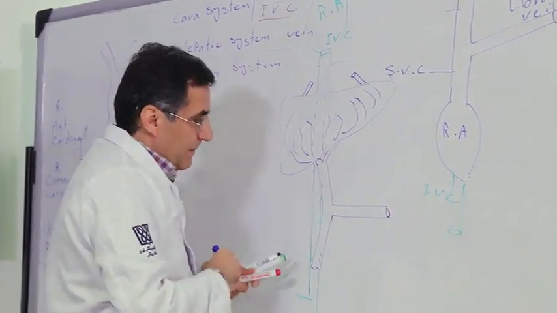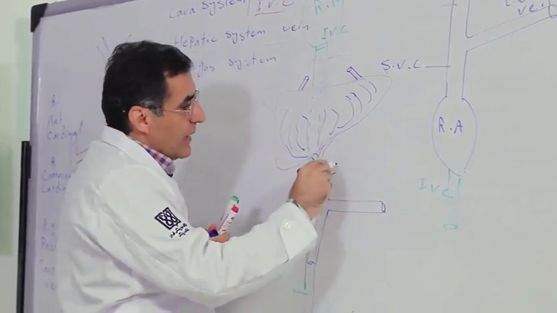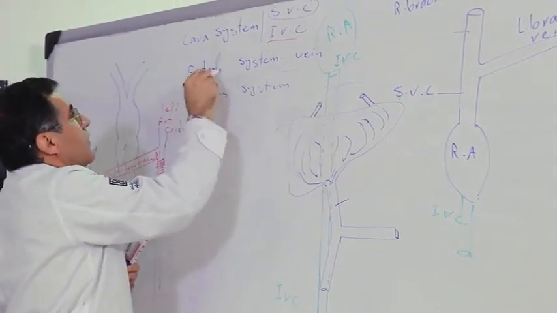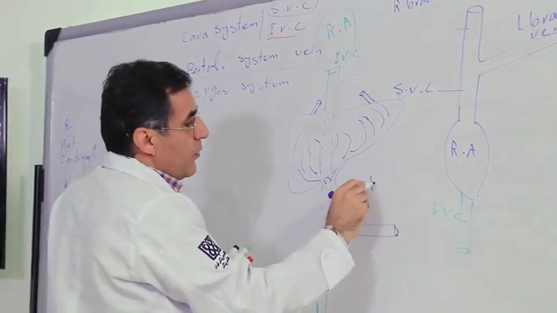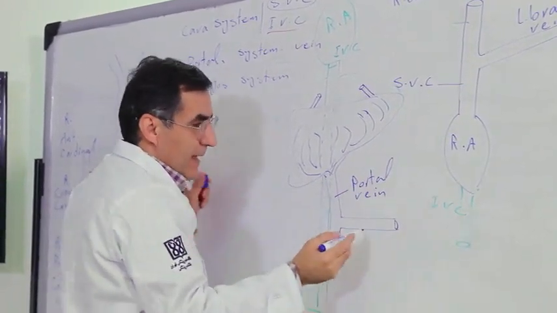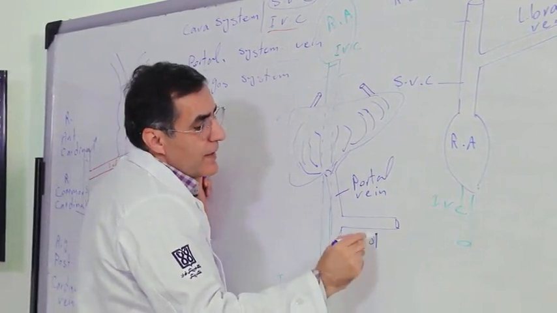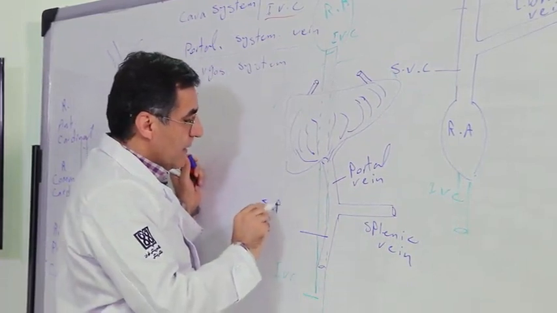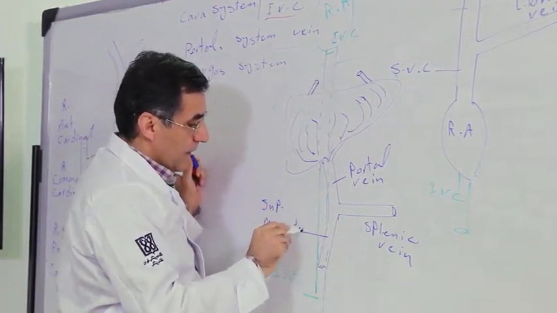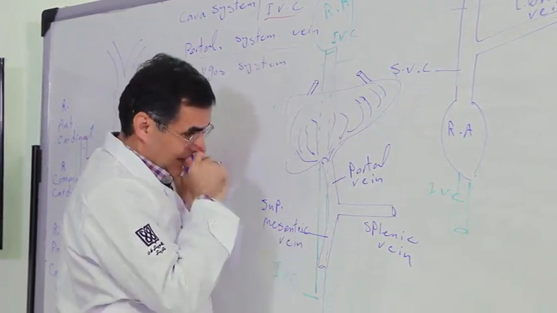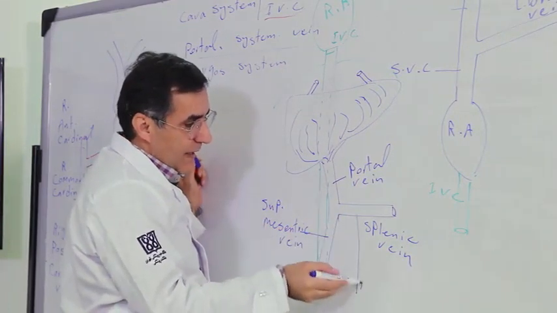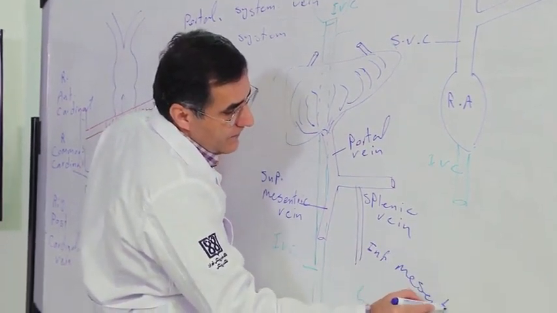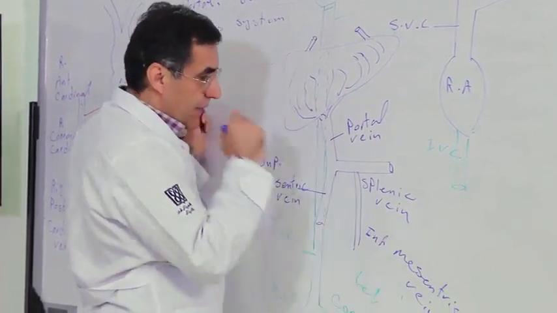It means that the portal vein, hepatic system, or rather portal system. This is the portal vein. The portal vein is formed by the splenic vein and the superior mesenteric vein. And here the inferior mesenteric vein drains to the splenic.